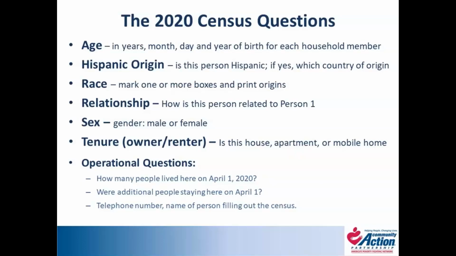They ask how many people lived there on April 1st. So if the numbers don't match the people that were listed, the Census Bureau can come back and ask follow-up questions. And they also ask for the telephone number and the name of the person filling out that form so they know who to go back to ask questions. This is it. This is all that's on this form.